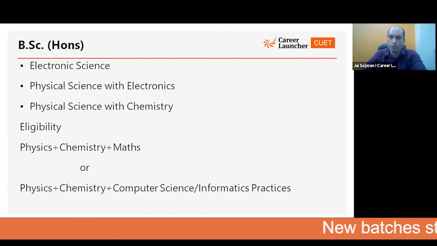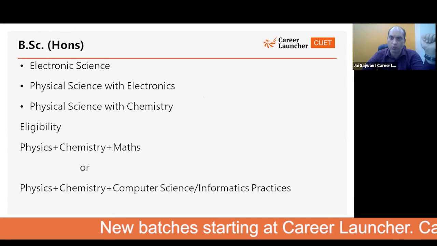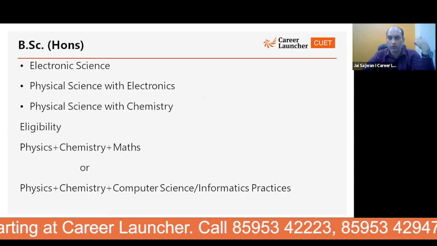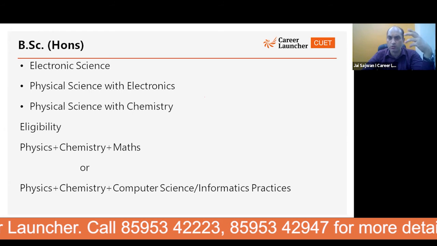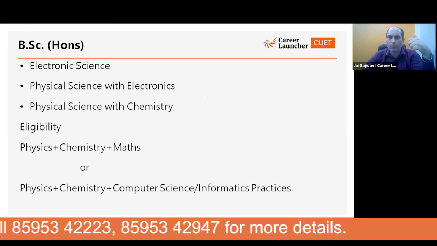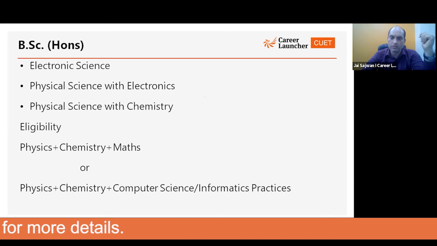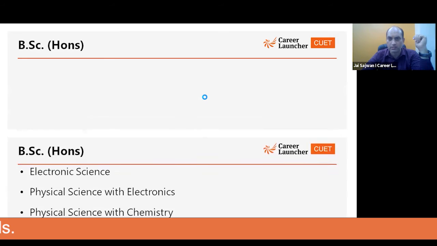In electronic sciences, the computer science score can be added. So of course, if I'm looking for a program in electronic science, I'm also looking for physics honors or chemistry honors. I think I will be opting for physics, chemistry, maths. Along with that, I may also take computer science or informatics practices there.